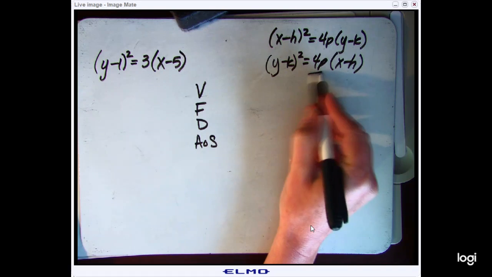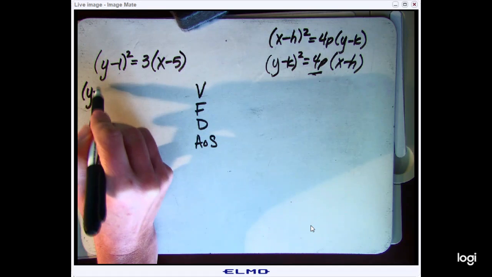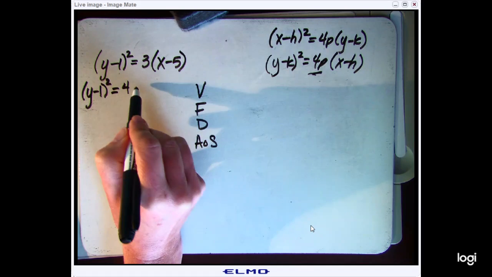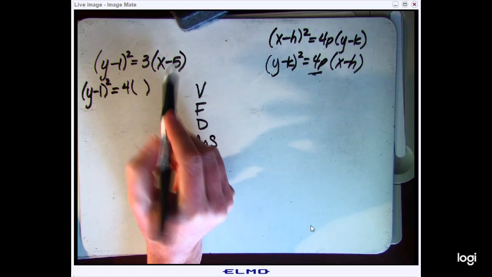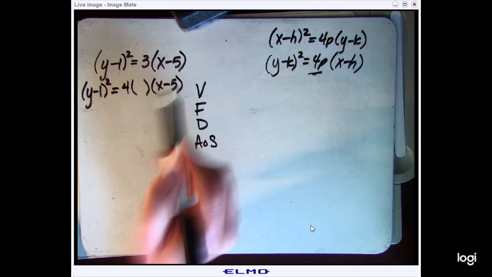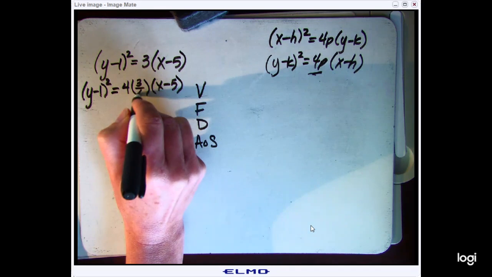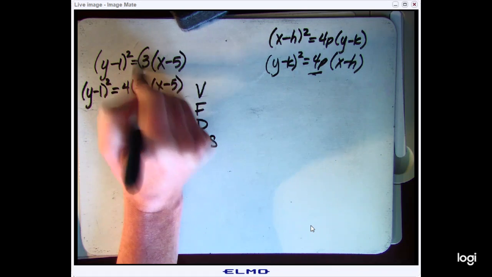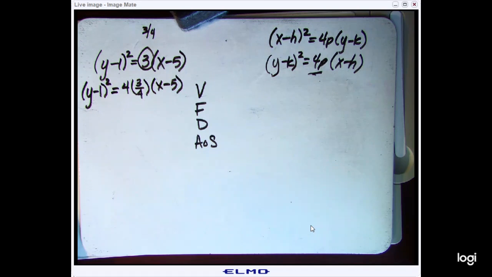Remember, we have to have the 4 here. So let's get it in the right form. Equals 4 times something to give me 3. That would be 3/4, right? So here's the secret. Whatever that is, divide it by 4, and that will give you your p-value.